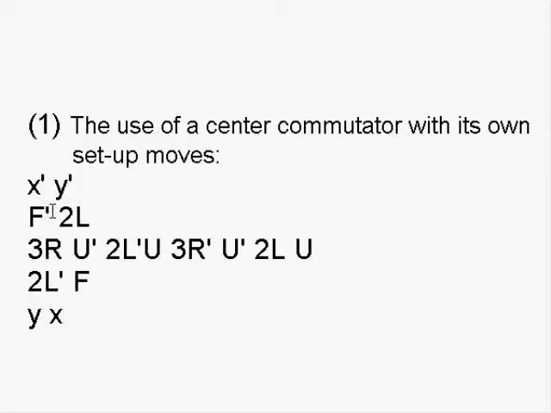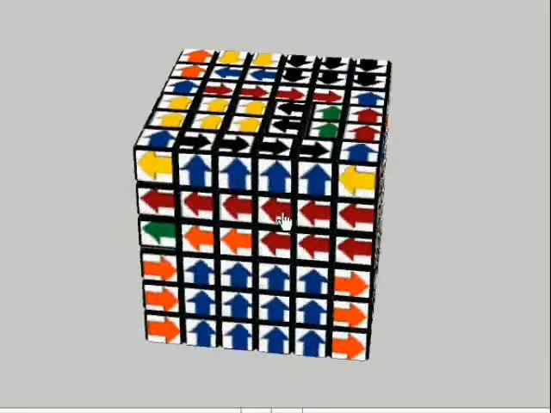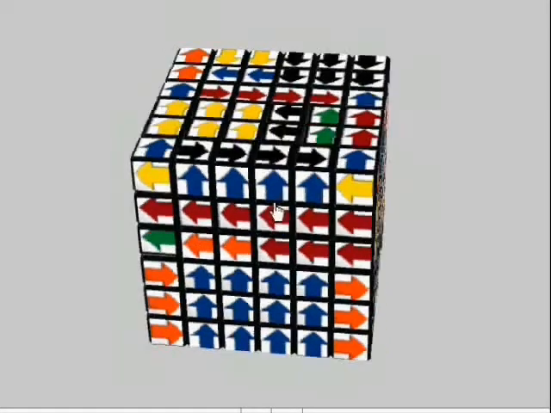The first move, after we do those cube rotations, is F prime. That will put this red piece in line with the piece here, which we need to substitute with red. Now, since they're lined up, we can take a center commutator and move this piece there, and then that piece will come here, and then that piece will come here.